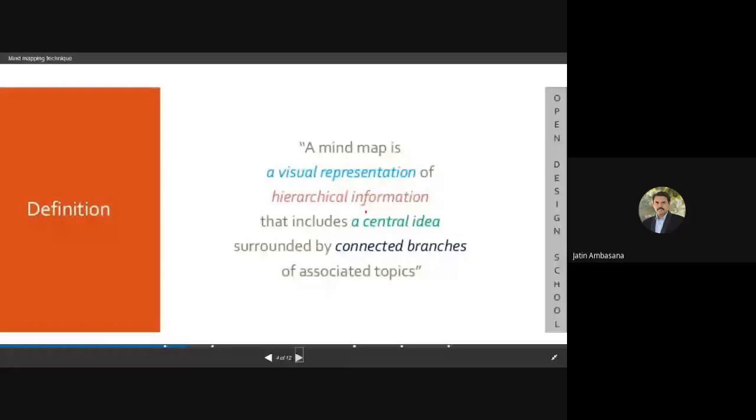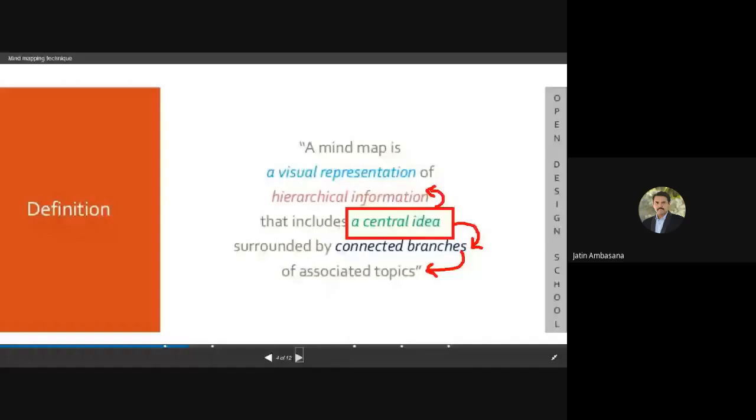And it is surrounded by lots of connected branches of associated topics, and all this is represented as a visual representation.